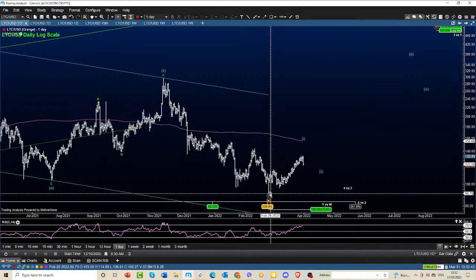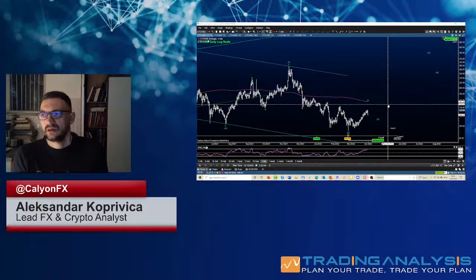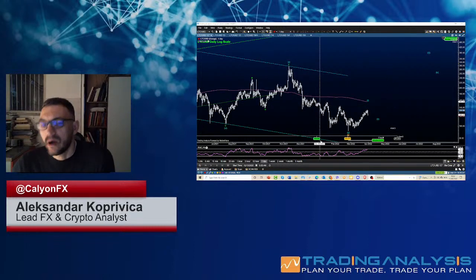So guys, this is a very nice development, but I still cannot say that Litecoin is eligible to continue further on the upside, I mean longer term, okay? So I want more from it.